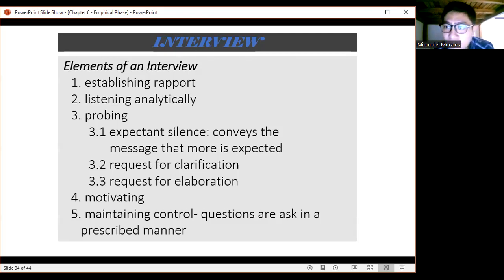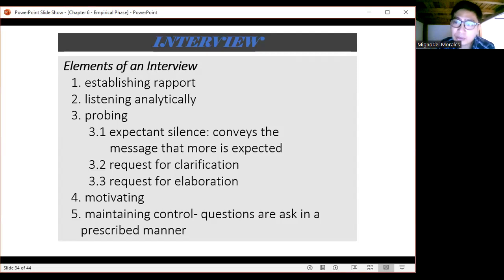It must be motivating. Hindi tayo nagdi-demean, tayo ay non-judgmental ang ating approach, lalo na pag nag-interview. And we maintain control. You will experience, if you will have your interview already, there are respondents that have a lot of stories to tell.